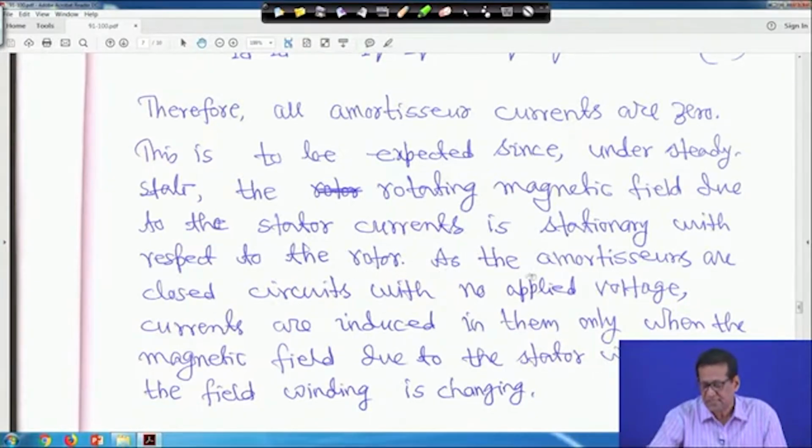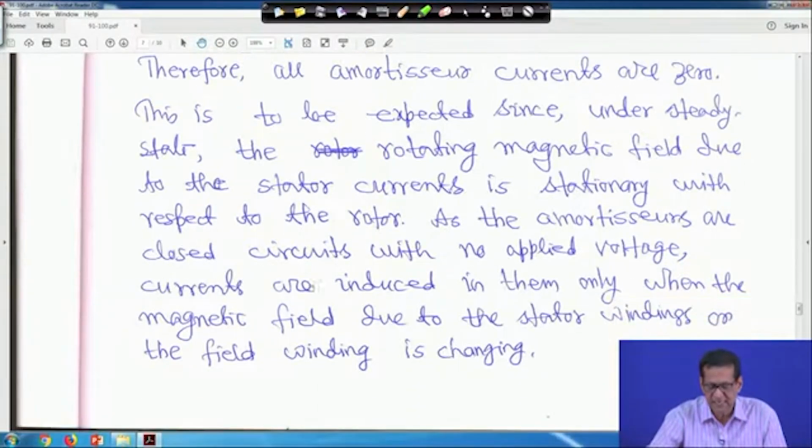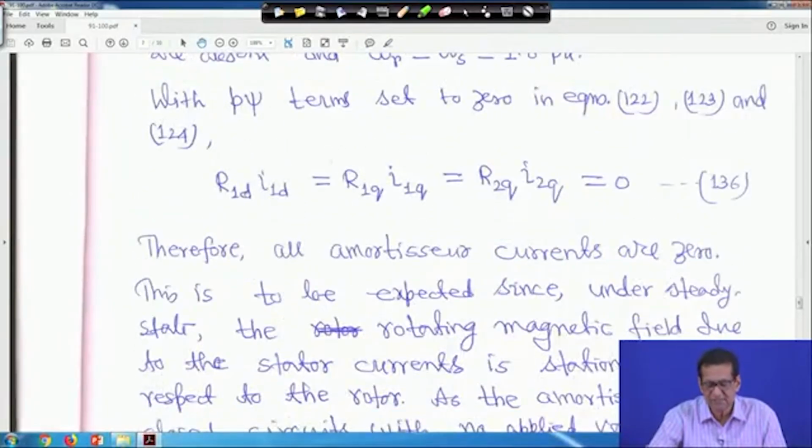As the armatures are closed circuits with no applied voltage, currents are induced in them only when the magnetic field due to the stator windings or the field winding is changing. Otherwise, if it is steady state, the d psi by dt term is 0, so we are dropping the psi dot term.